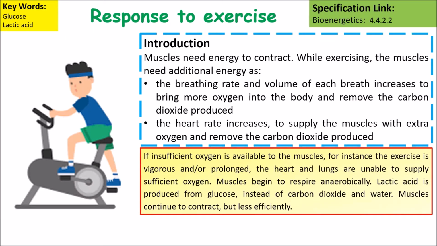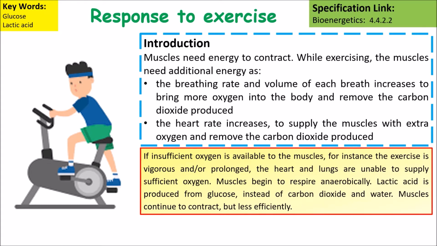Muscles need energy in order to contract. While exercising, the muscles may need additional energy. So the breathing rate, the volume of oxygen you take into the body and the volume of carbon dioxide you exhale, will increase, and the heart rate increases to supply the muscles with more oxygen and take away carbon dioxide.